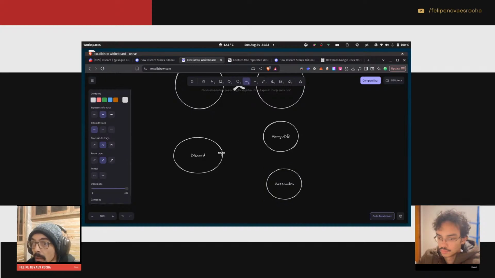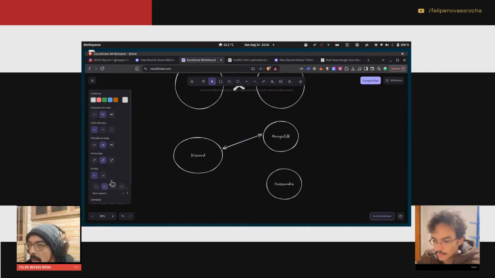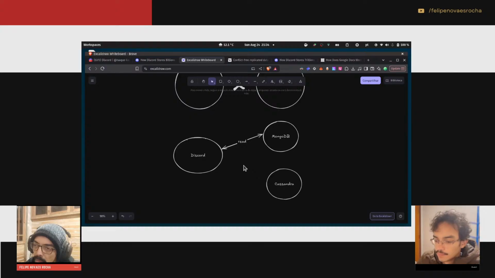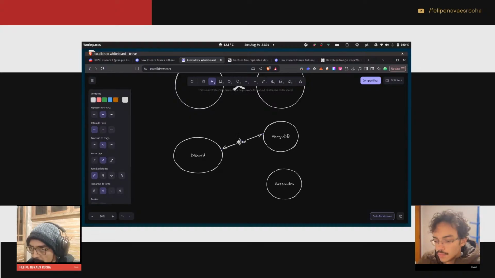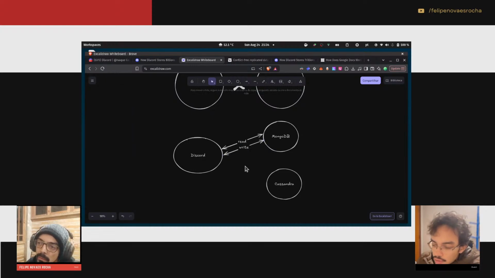And then here we have double arrows. So we have read and write. You can put a slash. Yeah, that's good.